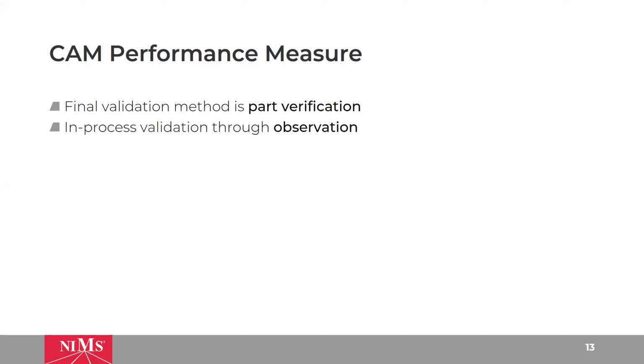So these are observations that take place during the performance, where part verification is after performance. So you may look at the part and measure that to see what the results are, but there may be features that you need to observe during the performance, and it cannot wait until after. And we can get into more detail into what features we have, the features that we observe in our PM.